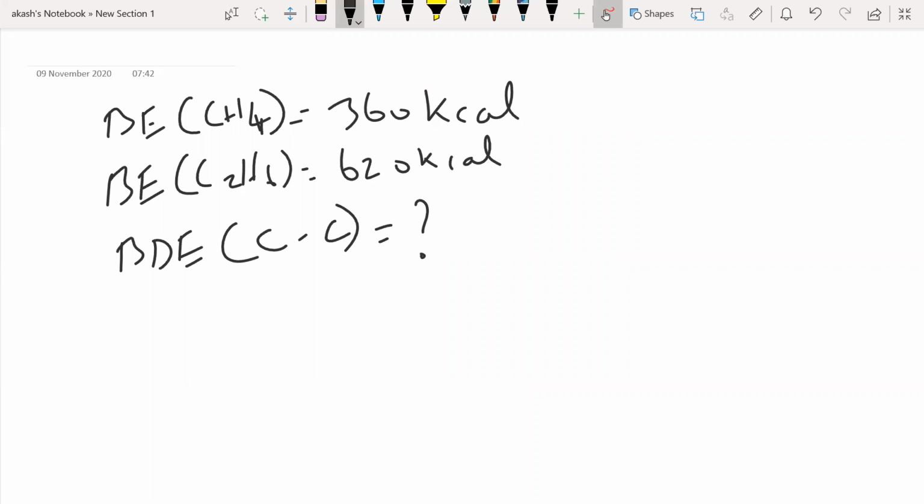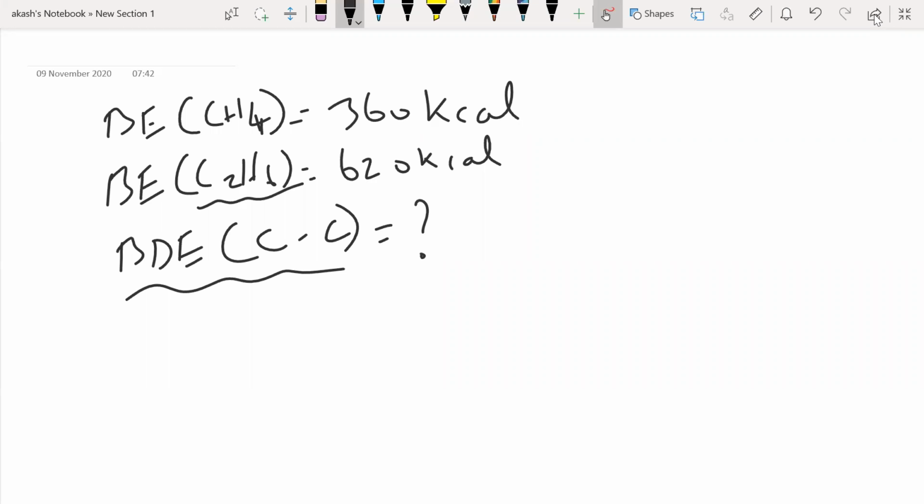Bond dissociation enthalpy is the enthalpy change occurring when a bond is broken in a compound. So the thing is, for bond dissociation enthalpy, we don't speak in terms of the whole compound. We speak in terms of one specific bond in a compound. Like here, this is the energy of the CC bond, and obviously I have only one case where I have a CC bond, that is in C2H6.